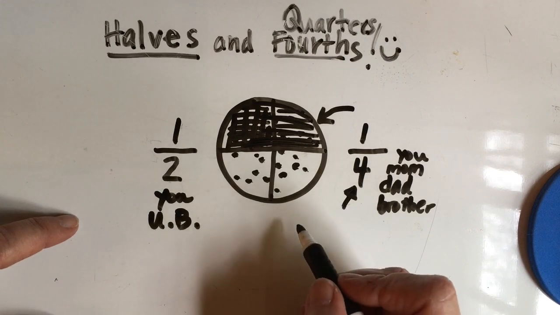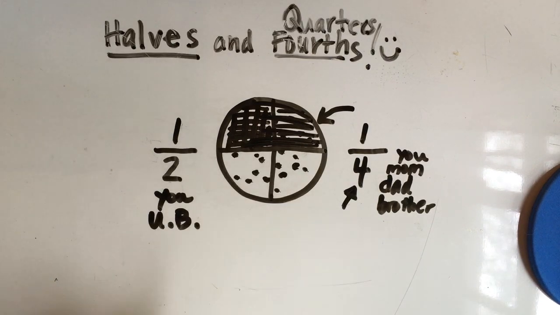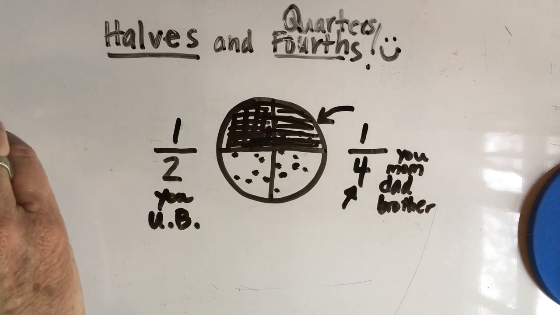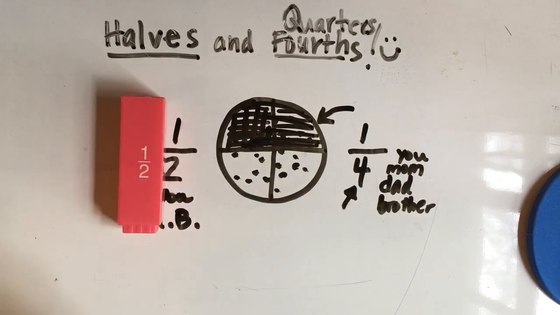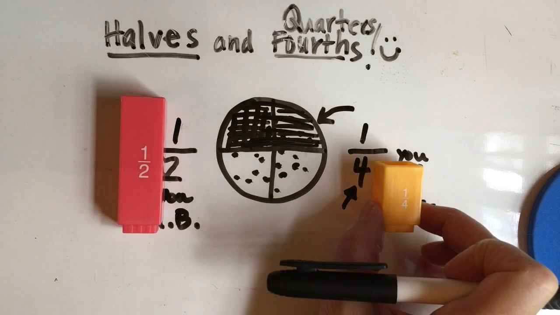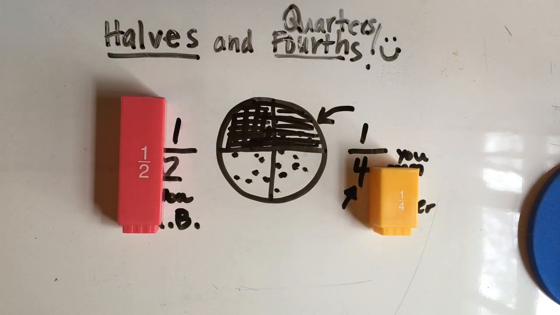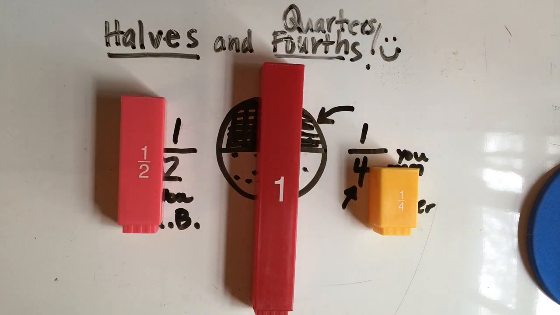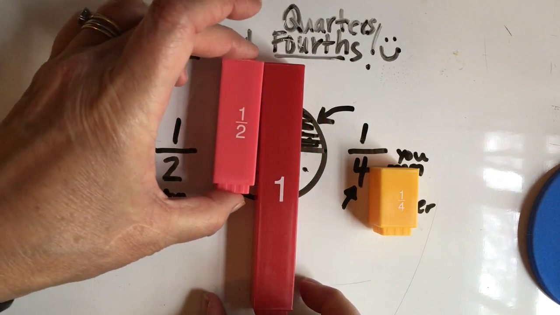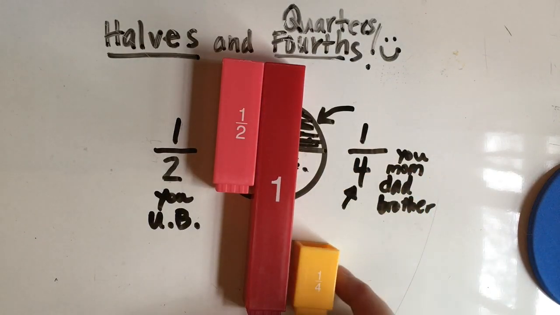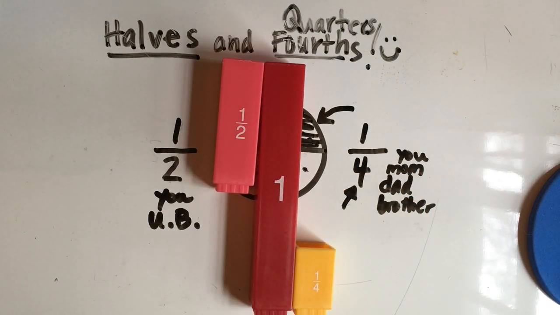So that's something that you want to understand about fractions, and then when we write and look at fractions. Just like we looked at before, a half is bigger than a fourth, even though the whole is the same. Half is bigger than a fourth.